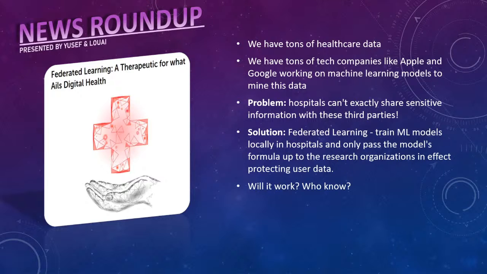The proposed solution to this problem is something called federated learning. The idea is that you never take the data away from these hospitals or doctors. Instead, you get them to train the machine learning models locally in hospitals, and whatever the model's formula turns out to be, that's what you pass on to the research organizations.